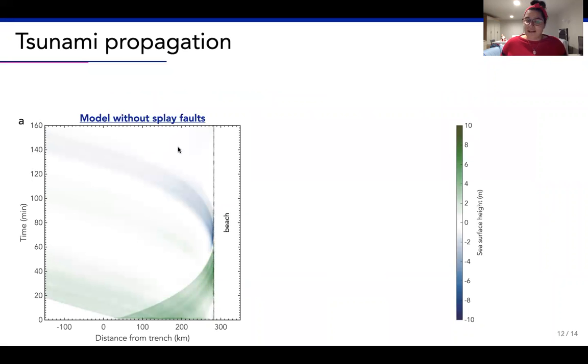First, again, a model without splay faults for comparison. Here we have the distance from the trench. Here is the beach, and then we have time. We're plotting sea surface height here, so you can see how the tsunami evolved. We can see a rather uniform, big wave going towards the beach. And that's that.